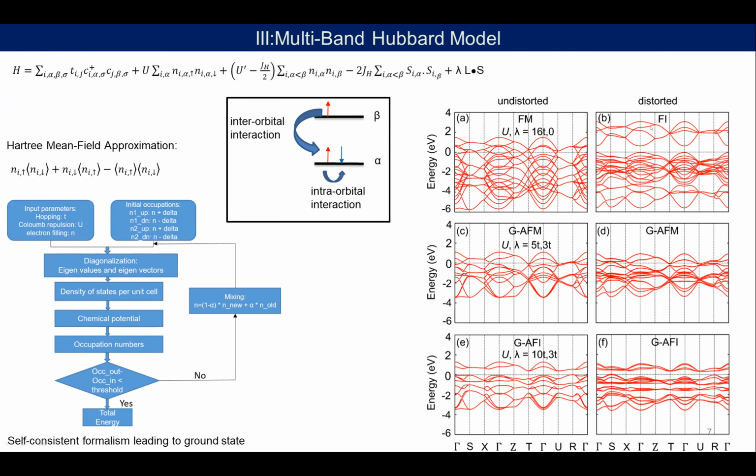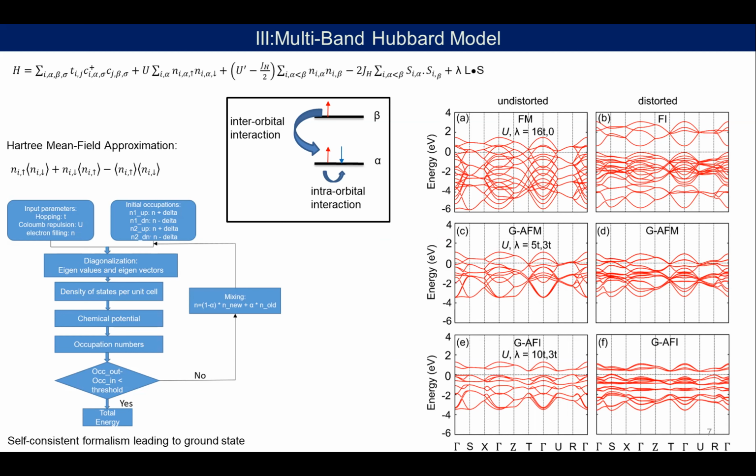Whereas in the case of distortion, the ferromagnetic metal phase transforms to a ferromagnetic insulator phase due to the presence of strong distortion in the system. So this really indicates that in this kind of perovskite system, U and lambda can lead to different types of quantum phases.